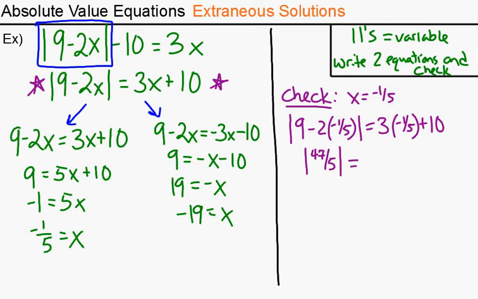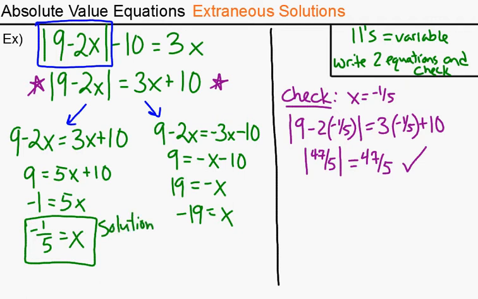And on the right-hand side, I get 47/5. So the absolute value of 47/5 equals 47/5. That's something that I can agree with. When I check it, it checks, so I come back over, and that makes negative 1/5 a solution. It worked when I plugged it in.